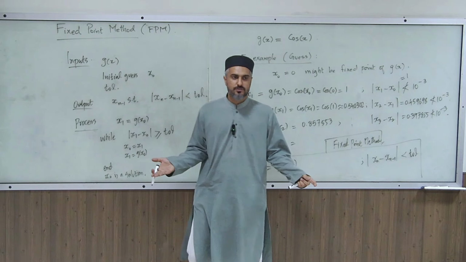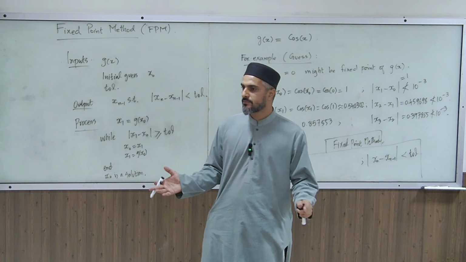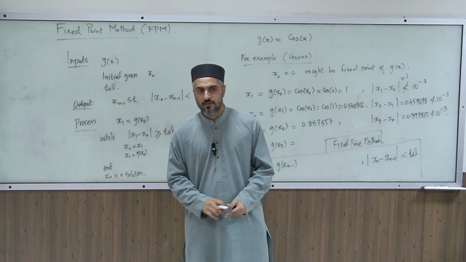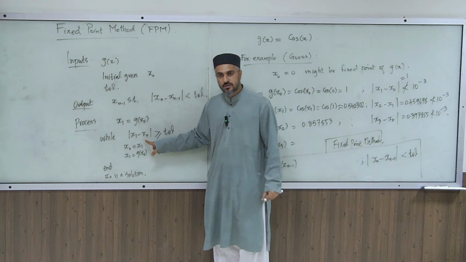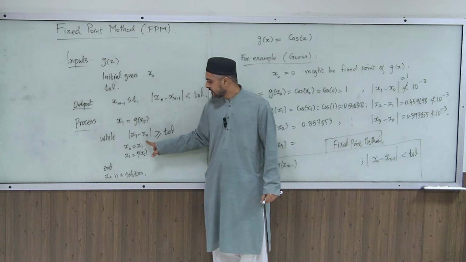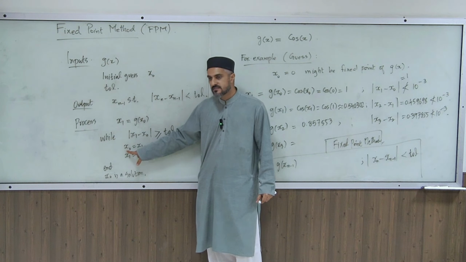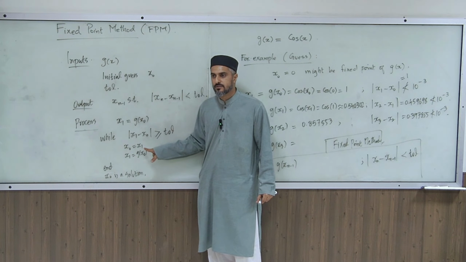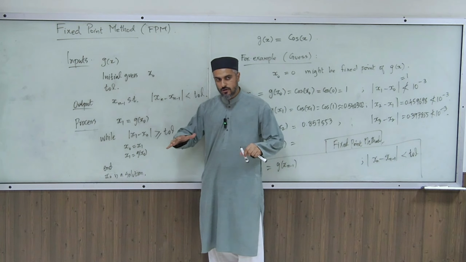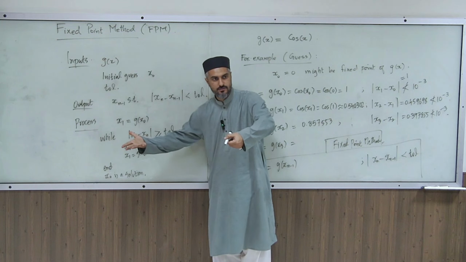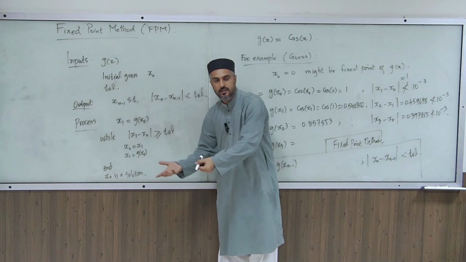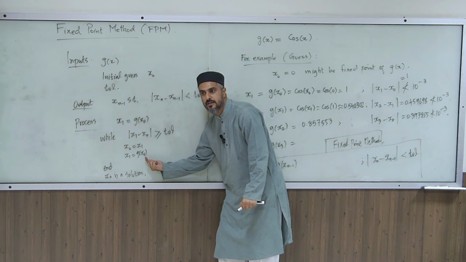I don't want to use so many numbers. I'm just using x naught and x1. So if x naught is not a solution, let's replace x naught with the updated value. Now x naught will have an updated value, and on the updated value, whatever the g value will be, it will be assigned to x1.